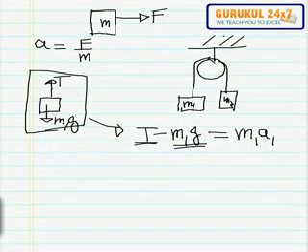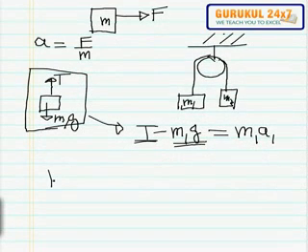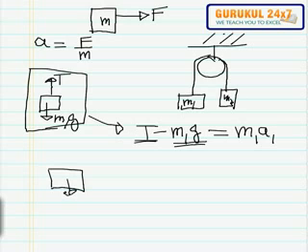Now let's try to write our second equation. But before that, we have to write down the free body diagram of m2. For m2 as well, you have the weight acting downwards and the tension going upwards. Now let us imagine that mass m2 is coming downwards. So in that case, the net force is acting downwards.